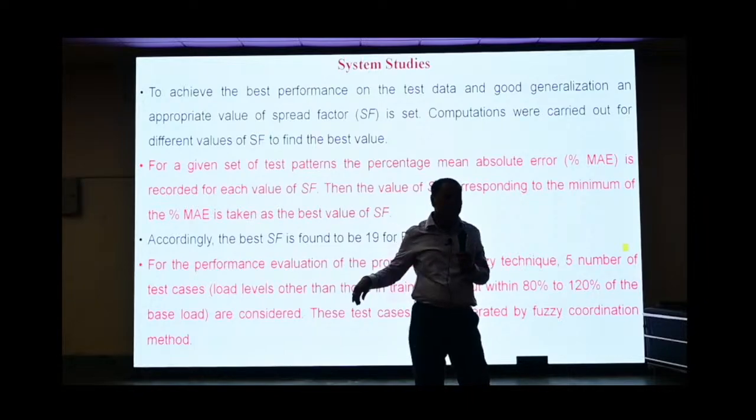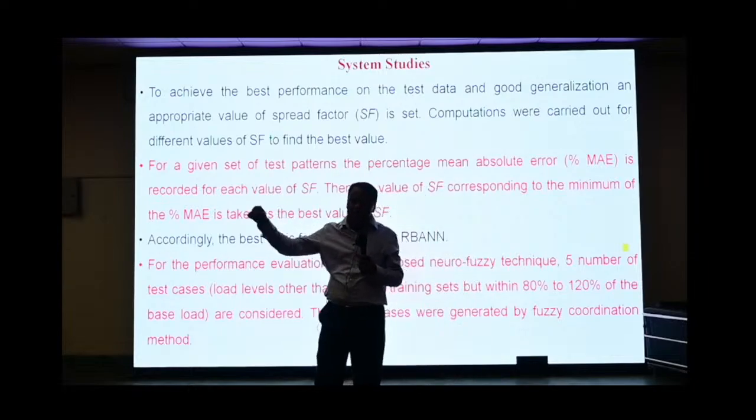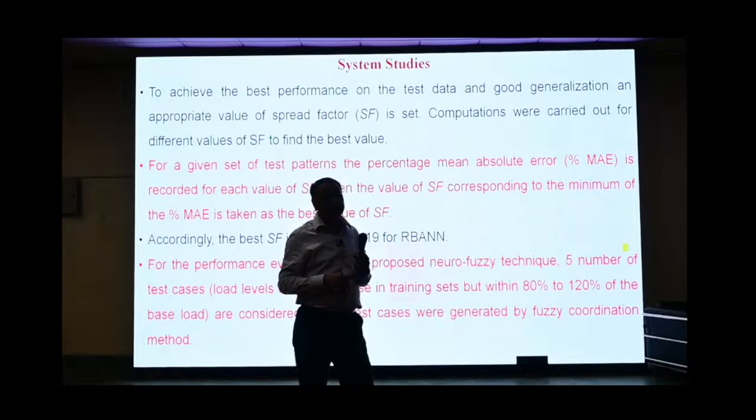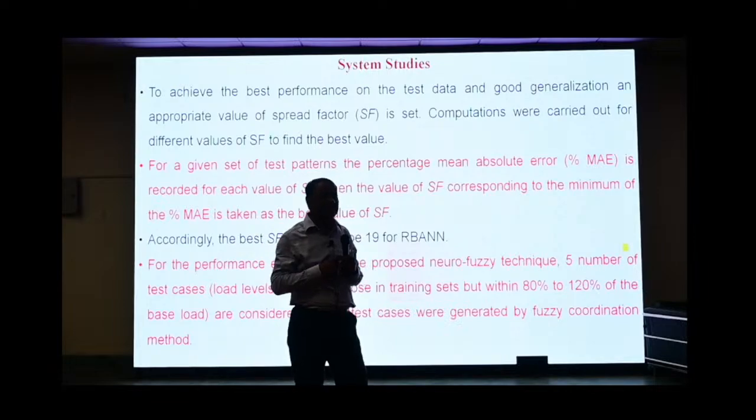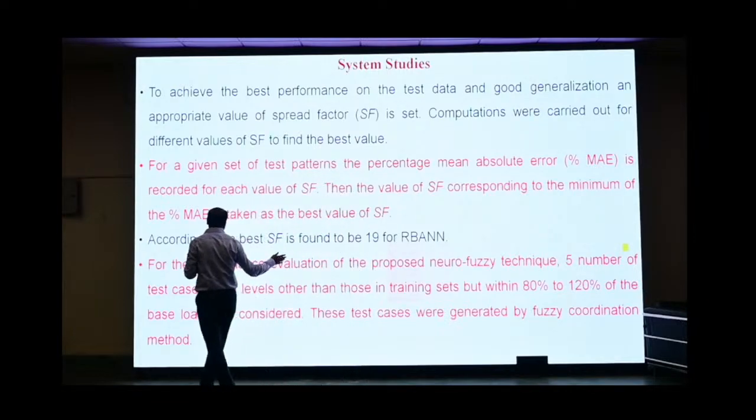Several spread factors are tried. We see where the mean absolute error is minimum, and we say the corresponding spread factor fits the best. Normally, for more accuracy, for each hidden neuron you have to find a spread factor value. But generally the people who work on this find that a single spread factor is sufficient for all. That's why I always advocate the radial basis function, and it is converging to the solution.